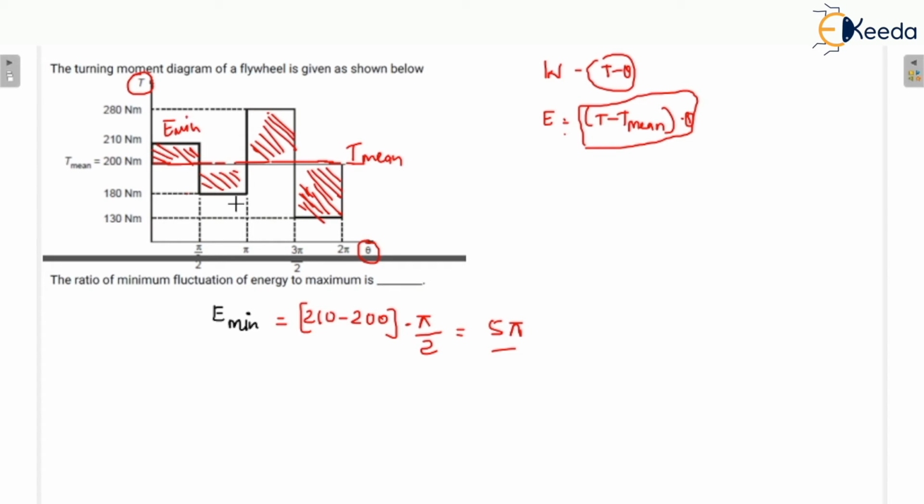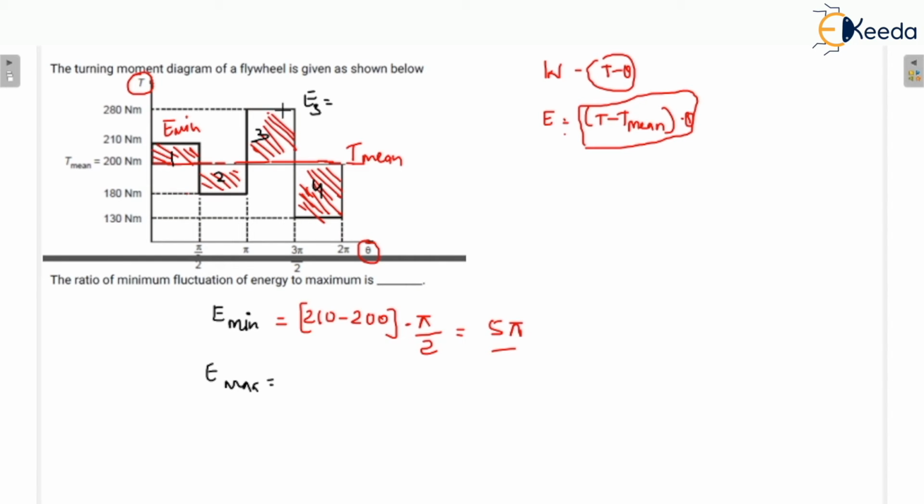Now we have to calculate E maximum. See in the diagram, where is the maximum fluctuation of energy? This is not possible, this is possible, and these two can be possible, so we can calculate here. This is the first area, this is the second area, this is the third area and this is the fourth area. So E3 you can calculate here.